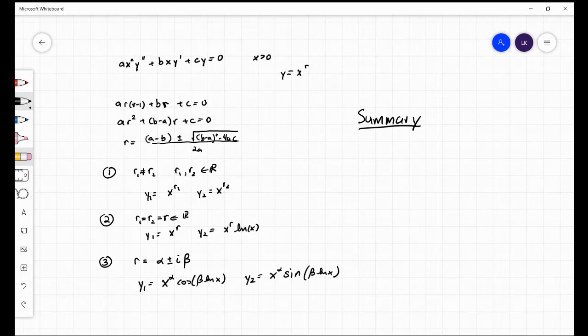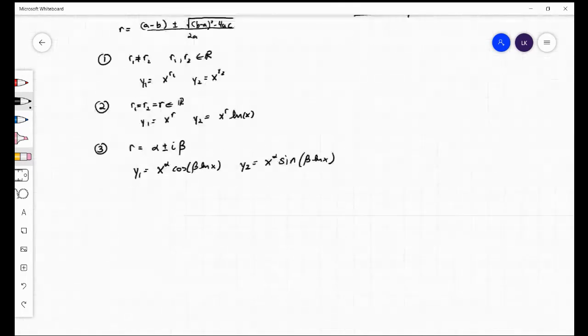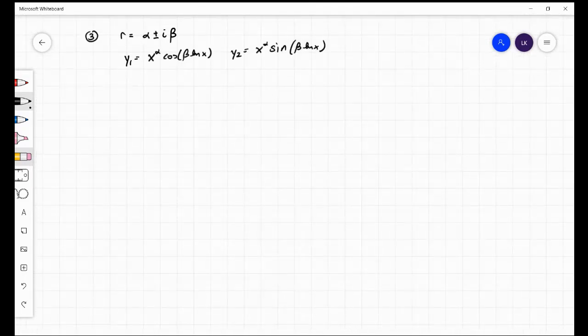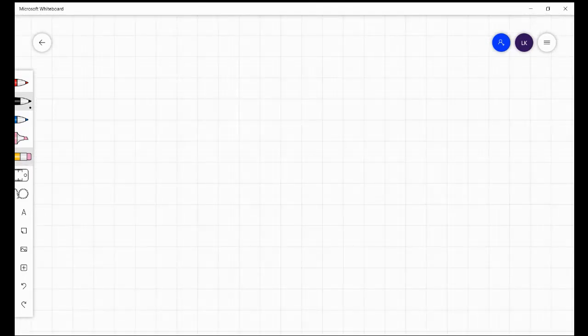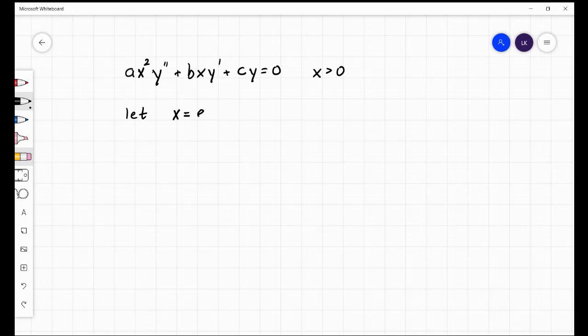Okay. Now what we want to do is actually derive why these formulas work. So why do these formulas work? What we're actually doing is we can think of it as changing the independent variable. X we're going to assume is positive. Let the independent variable x be expressed as e to the t, right?